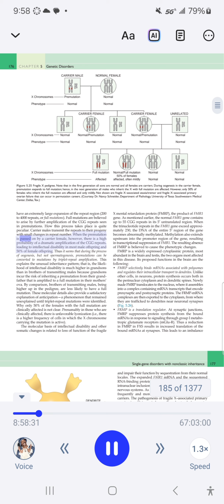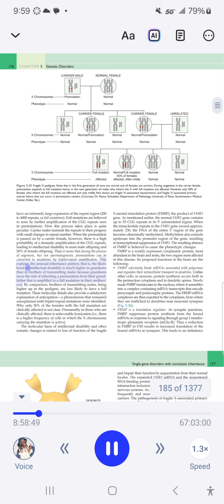When the premutation is passed on by a carrier female, however, there is a high probability of a dramatic amplification of the CGG repeats, leading to intellectual disability in most male offspring and 50% of female offspring. Thus, it seems that during the process of oogenesis, but not spermatogenesis, premutations can be converted to mutations by triplet repeat amplification. This explains the unusual inheritance pattern.